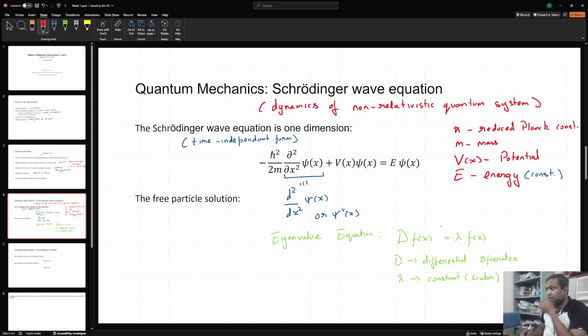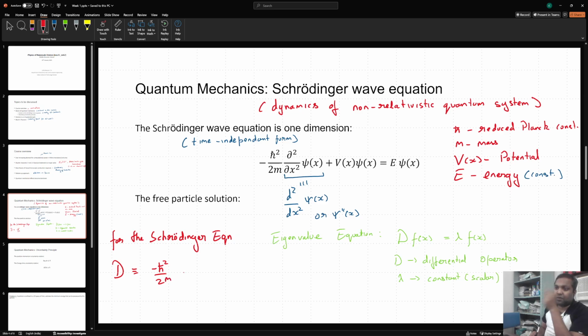So for the Schrodinger equation, D is this quantity, minus h bar squared by 2m.